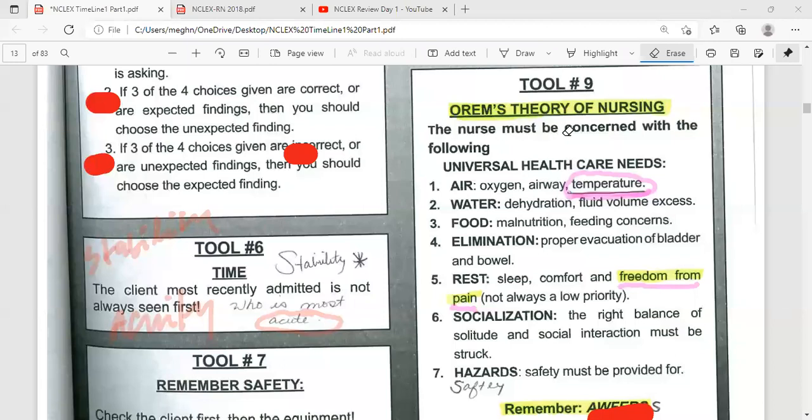Next tool here is about Orem's theory of nursing. The nurse must be concerned with the following, according to Orem's theory. Orem's theory is the self-care deficit theory.